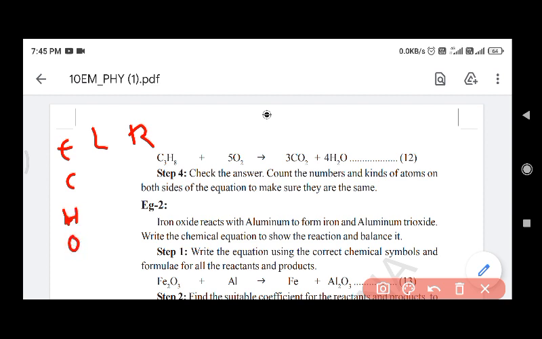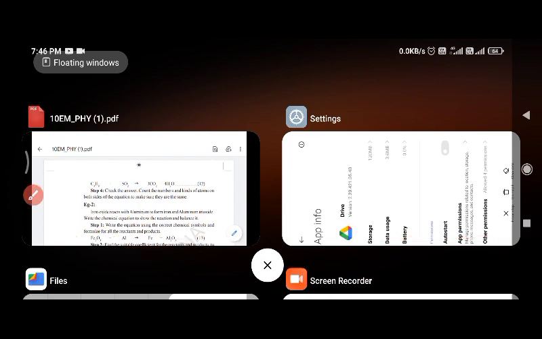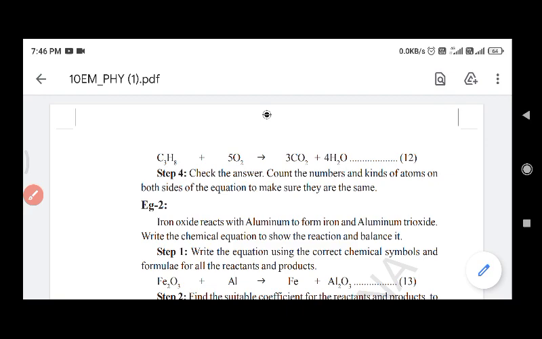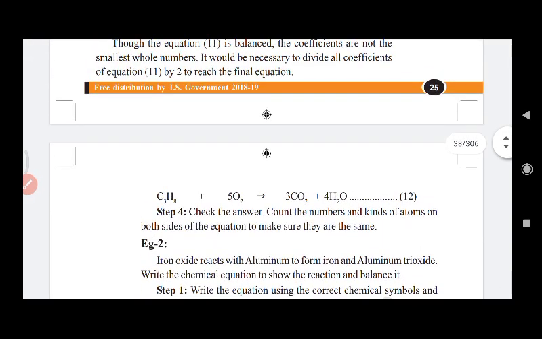Okay, after balancing, the left side has carbon 3 and the right side also has 3 atoms. Hydrogen is 8 on the left side, and on the right side 4 2s in the water molecule is also 8. And oxygen atoms on the left side are 5 2s, which is 10. And on the right side also we have 10 oxygen atoms.